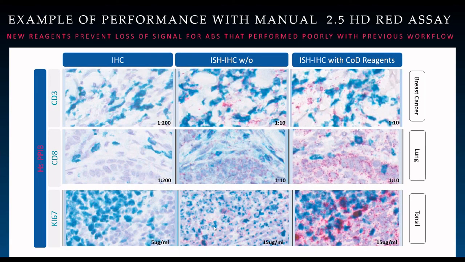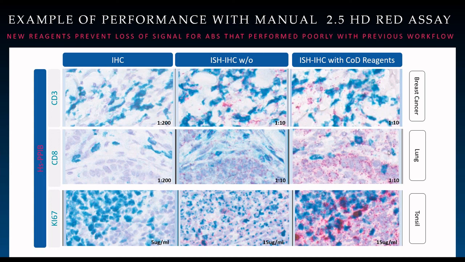In this particular example, again, we have shown that CD3, CD8, Ki67, again, very commonly used antibodies, perform really well with our new set of co-detection reagents, where if you compare to IHC only, the CD8 signal that was completely lost in our ISH-IHC original workflow is now retained without compromising the ISH signal.